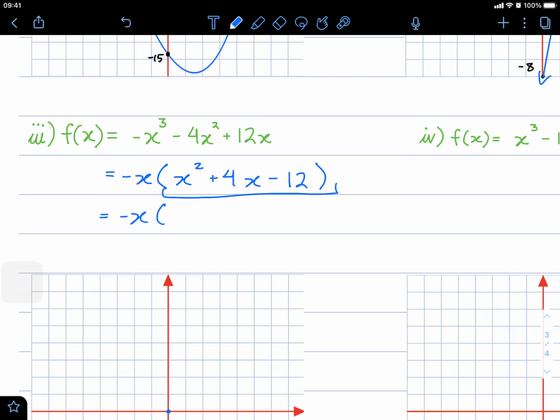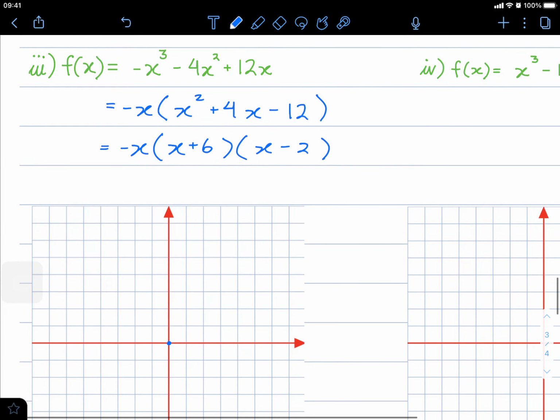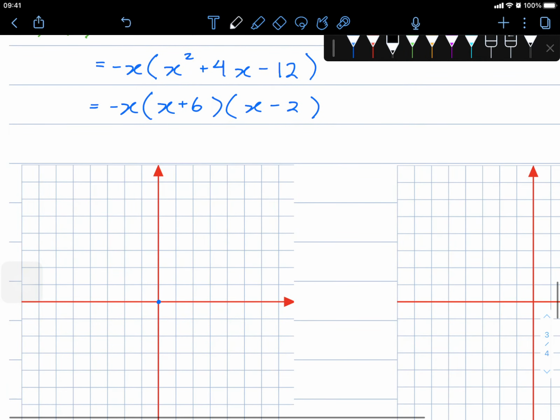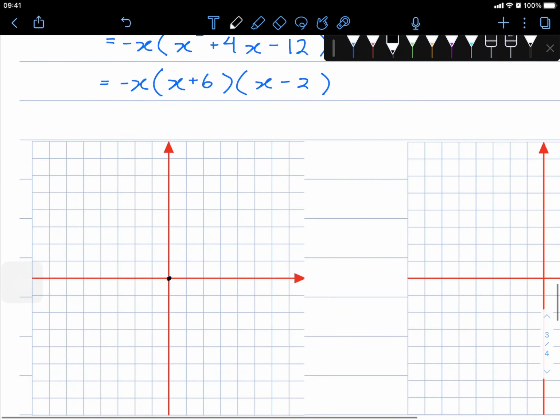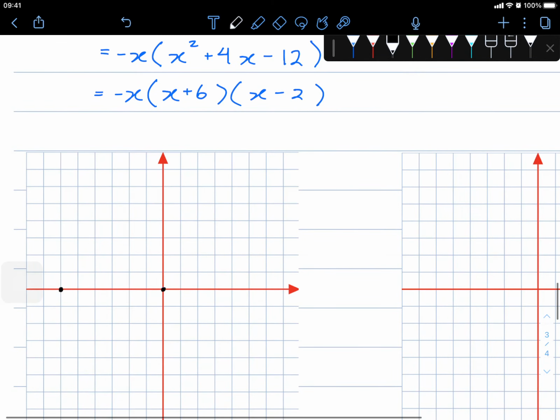Factoring this further, I can think of two numbers. I'll let you work it out for a moment. I can think of +6 and -2. So our x-intercepts are going to be 0, which is what we found here, -6, 1, 2, 3, 4, 5, 6, and positive 2. Whoops, that's 3.